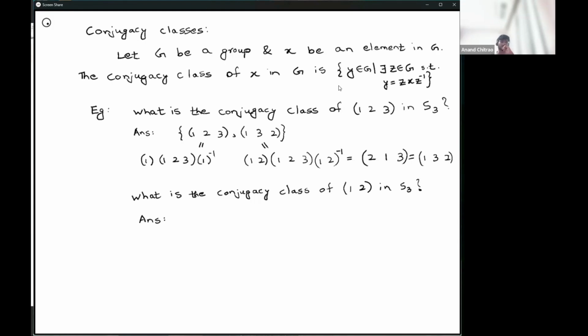Try to do this in your notebook. Try to compute all elements that are conjugate to (1 2). I'll give you a minute or two.